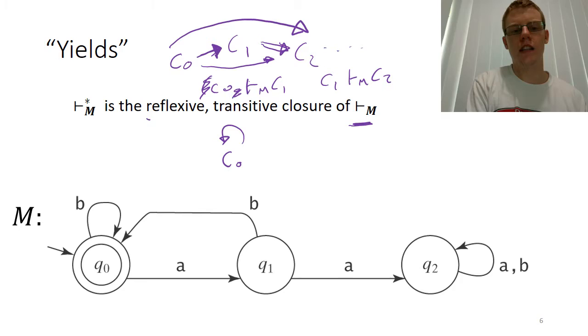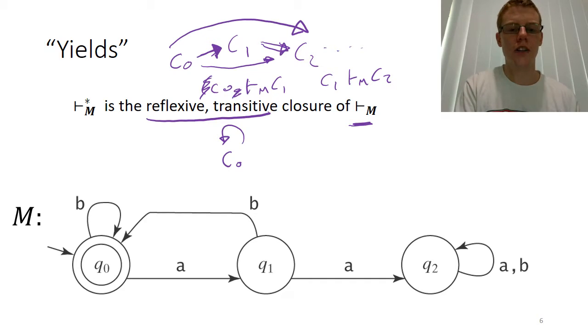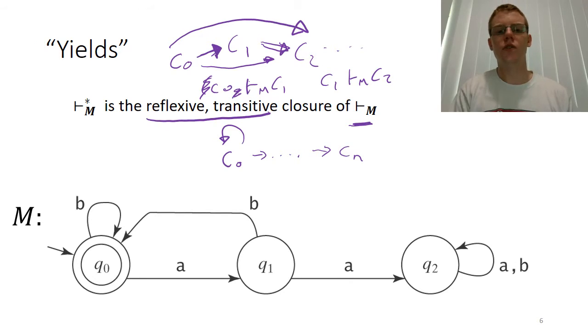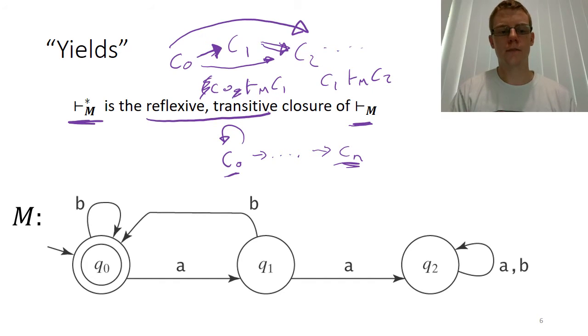If we take the reflexive and transitive closure of yields in one step, we end up with something that relates every configuration back to itself and also relates any pair of configurations to each other if it is possible to get from one configuration to another configuration, say Cn, using any number of yields in one step moves. So basically, we say that it is possible using this machine to get from this configuration to this configuration. That's what this yields general relationship says.